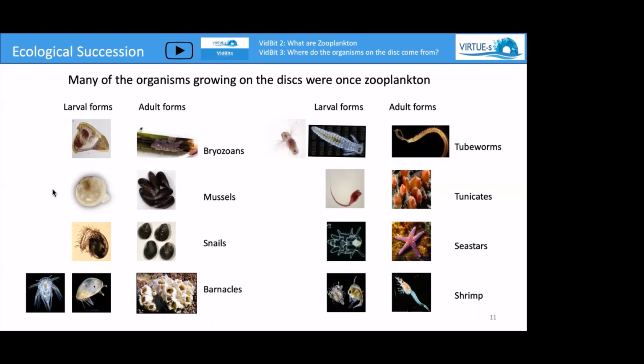And if you can, it would be nice to see if there is a correlation between the adult forms that you find later on the disk and the larval forms that you find earlier in the water.